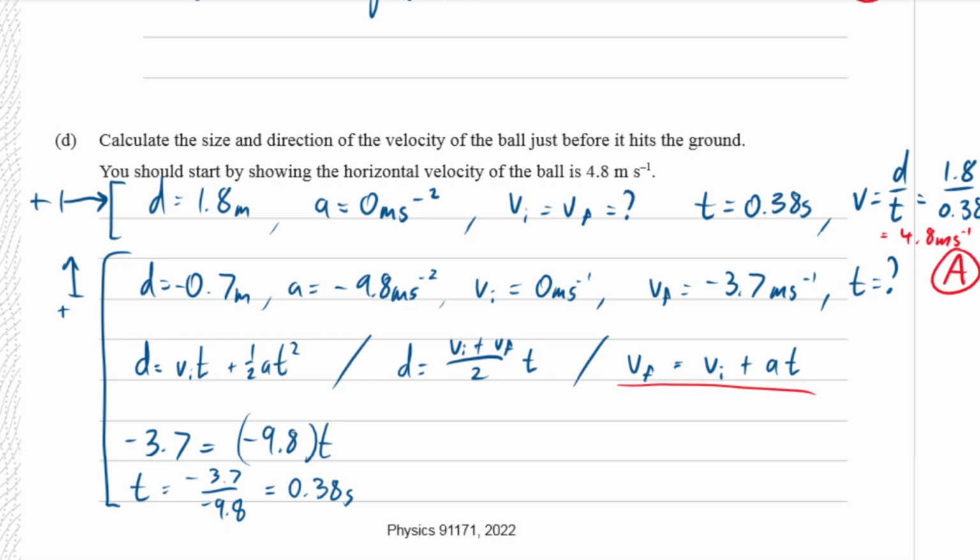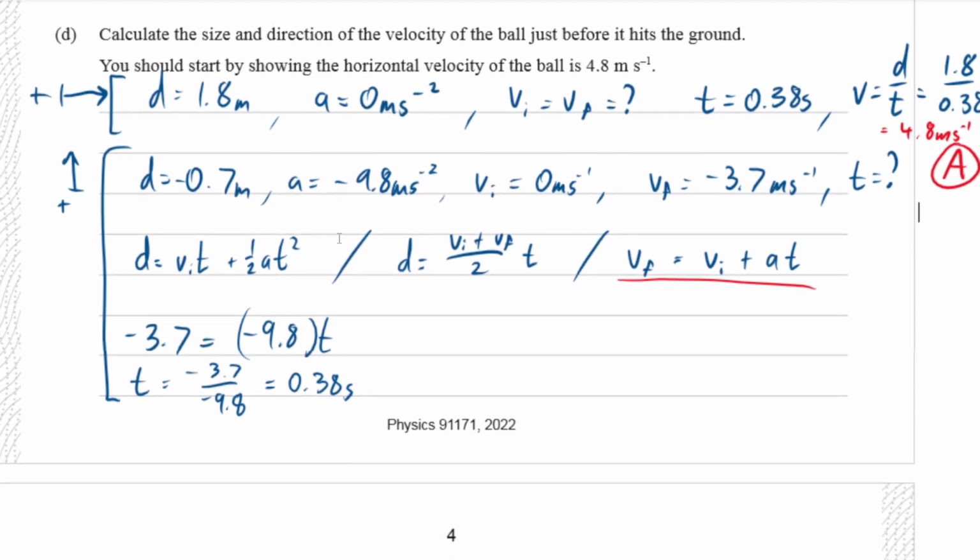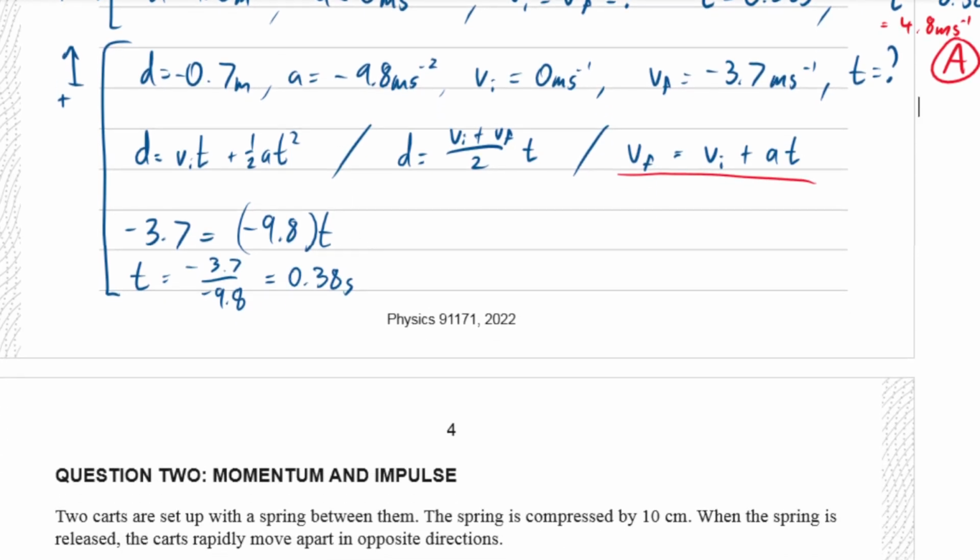To get merit and excellence, we now need to take that and then find the resultant vector, the final velocity. So let's use a diagram first.